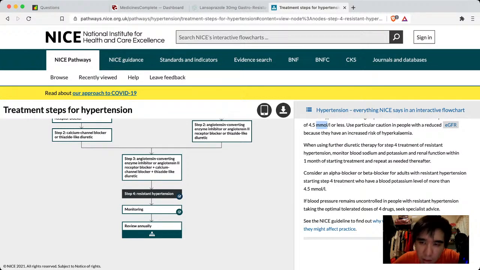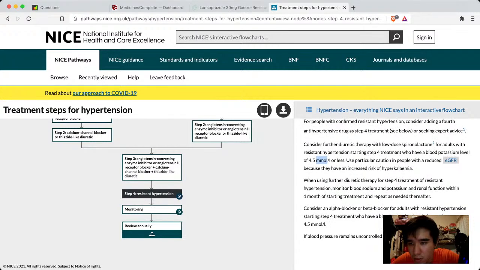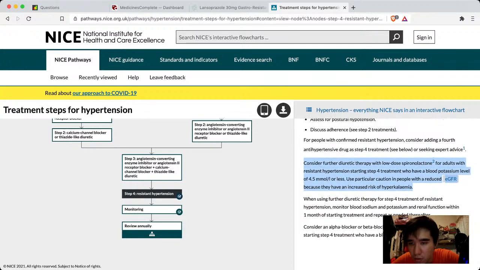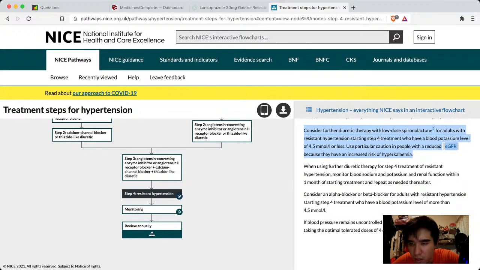When using further diuretic therapy for step 4 treatment of resistant hypertension, monitor blood sodium, potassium and renal function within 1 month of starting treatment, and repeat as needed thereafter. So you either add spironolactone or a diuretic.